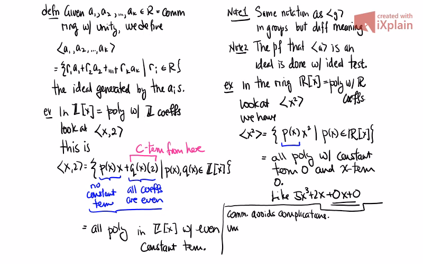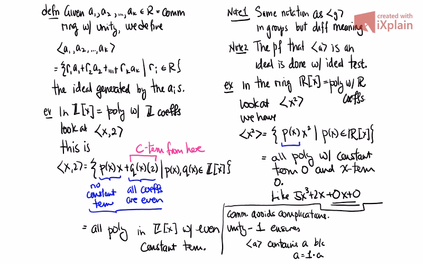And having a unity, having a 1, ensures that, say, the ideal generated by a actually contains a, because a is 1 times a. So a itself is 1, which is something in the ring, times a, and will be in here.